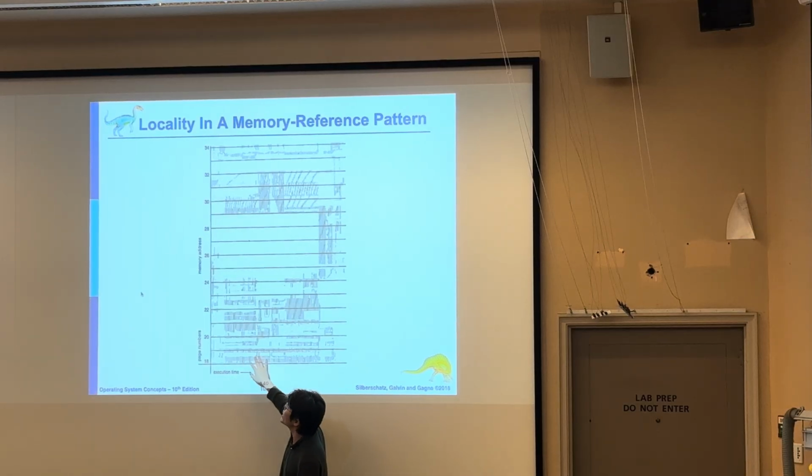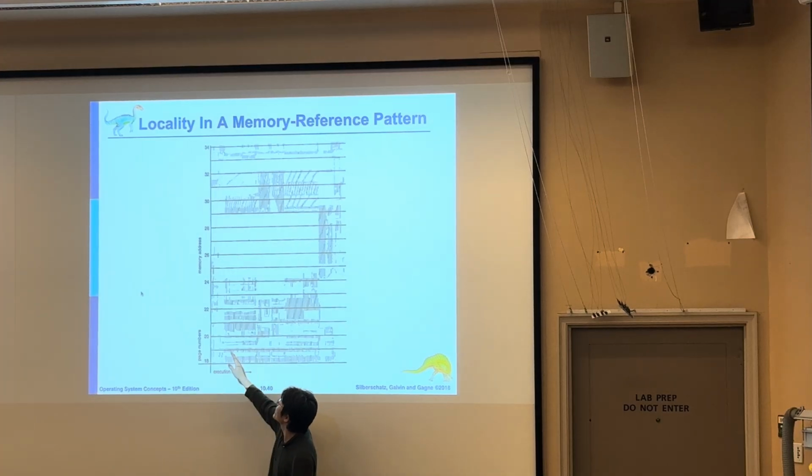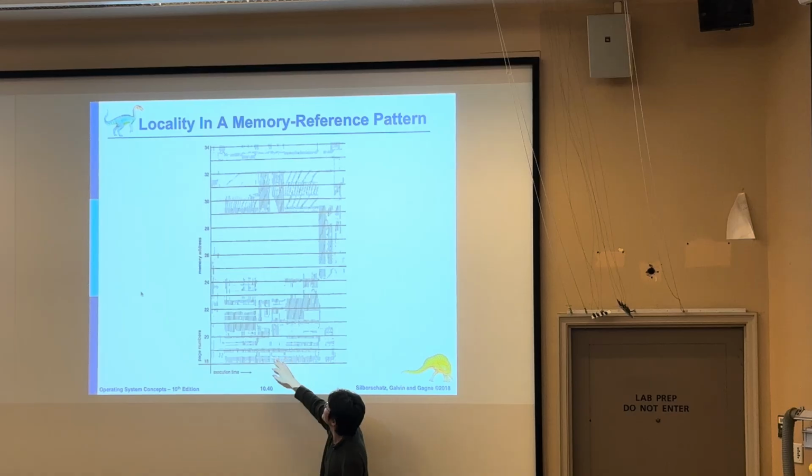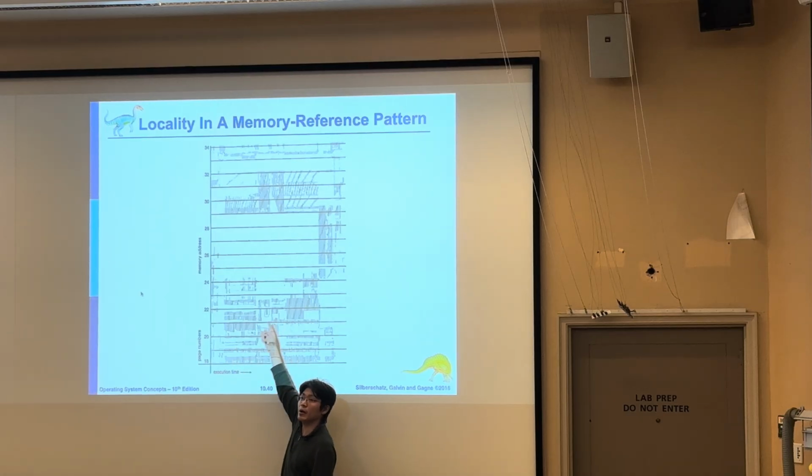When you read this diagram, what does a working set look like? This part is likely a working set. Why?